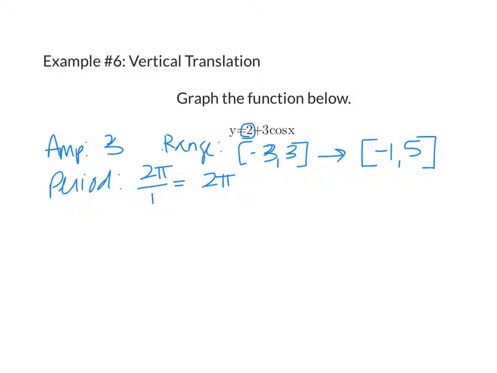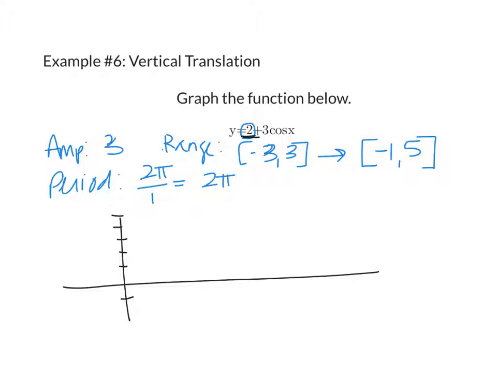So now we're going to create that graph. I need to create that just a little bit lower. If my graph is from -1 to 5, that's 1, 2, 3, 4, 5. Remember, 2 is now my x-axis.